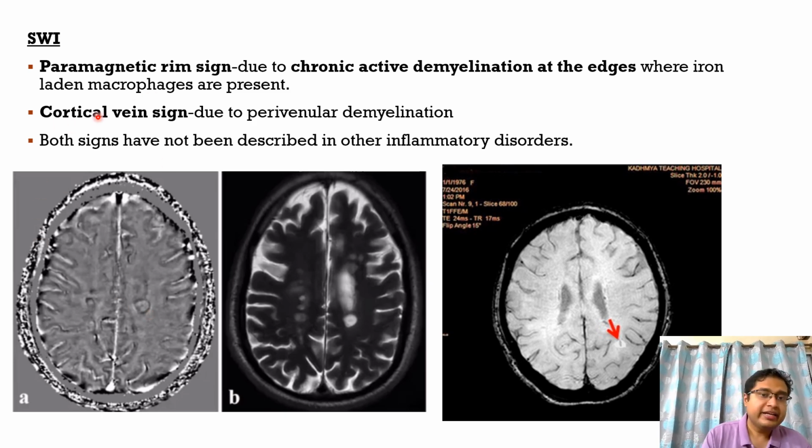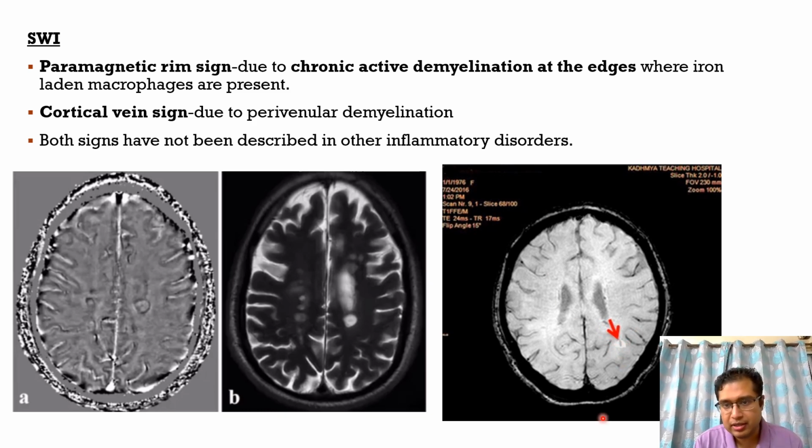The other sign that can help in differentiating multiple sclerosis from other demyelinating disorders is the cortical vein sign. And this is because of the typical perivenular demyelination that is seen in multiple sclerosis, that we can see a central vein within this demyelinating lesion.